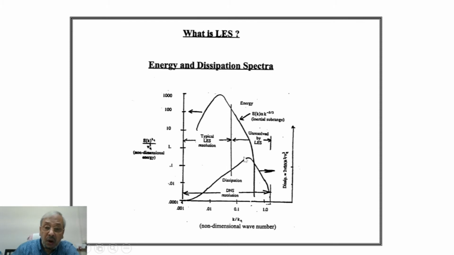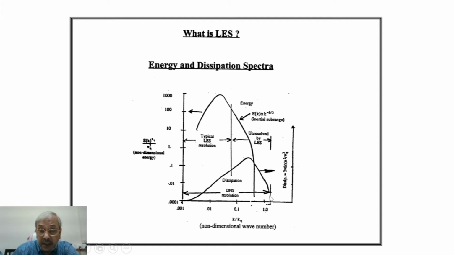And this is the dissipation we can see. Now, when we truncate the filter or the grid in this way, we have to account for this dissipation.